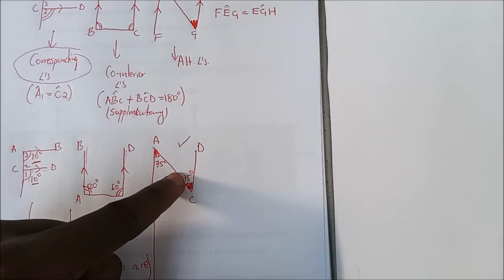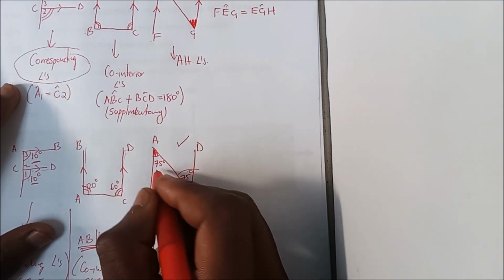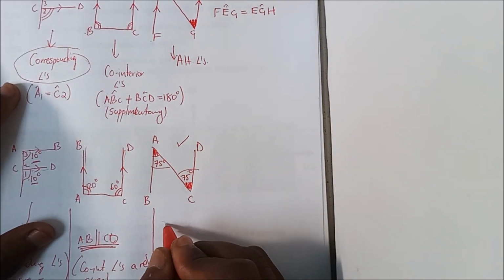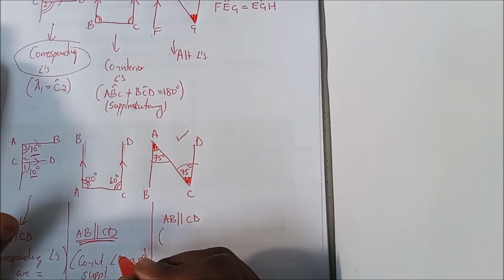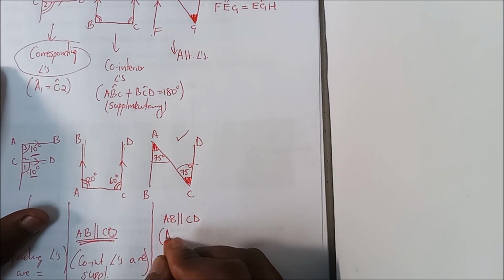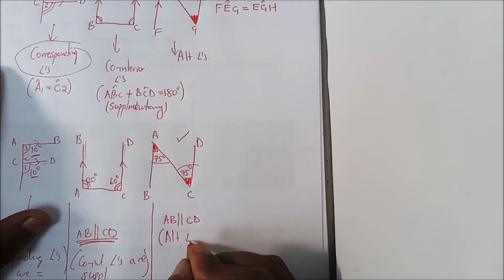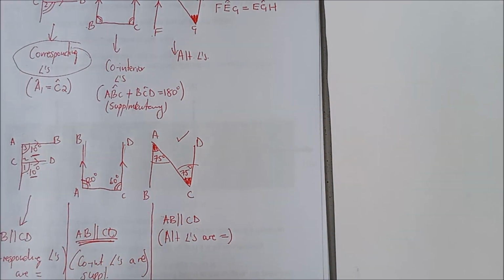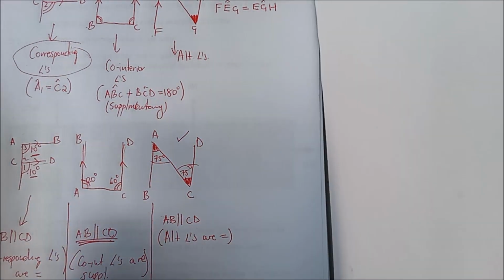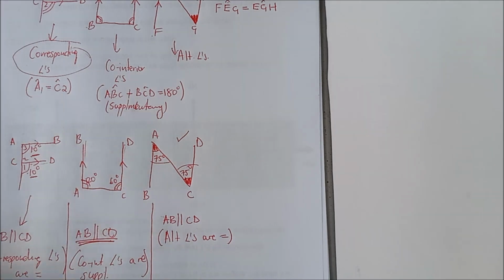So if this is 75 and that's 75, we can say AB is parallel to CD. Why are we saying that? The reason will be alternating angles are equal. So whenever alternating angles are equal, then those two lines must be parallel.